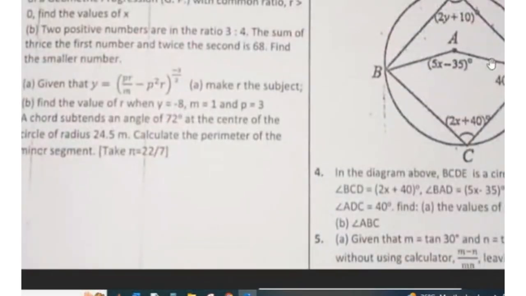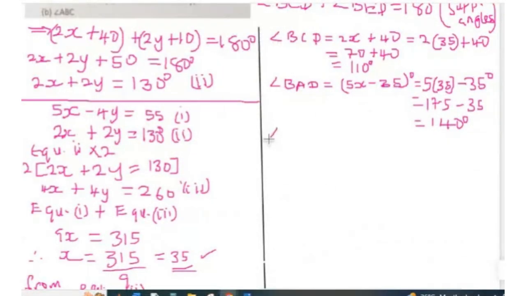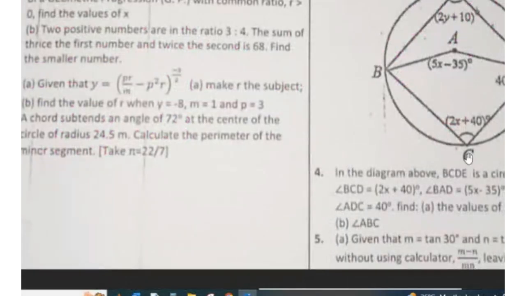However, we see that angle ADC is 40 degrees, as given in the question. So we are required to find the angle ABC.